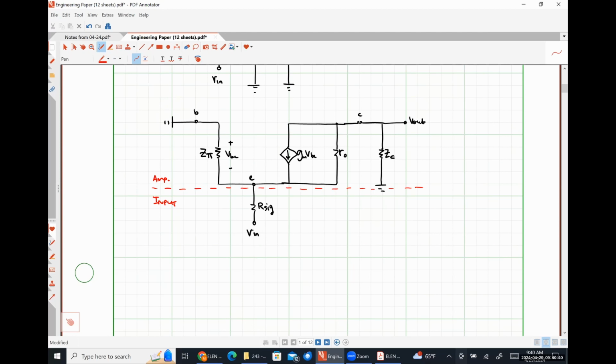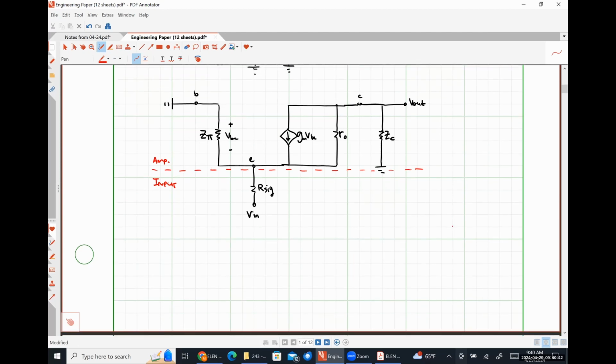So putting those two things together, and by the way, that is the approximation where we're saying that early effect isn't going to have any significant impact, like we've done for every other input stage, just to make the math less terrifying.